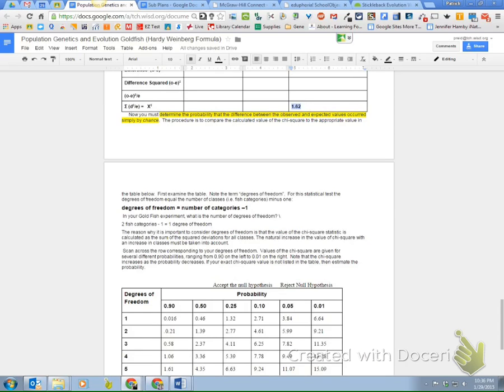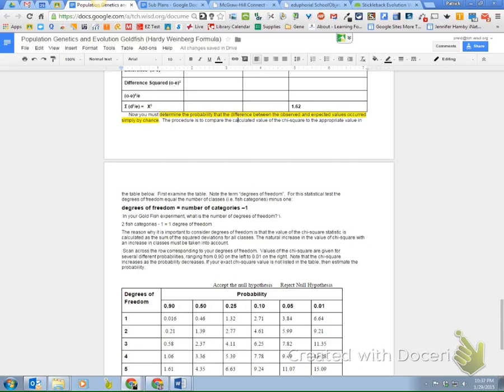Do it down here on the bottom and say, I accept my hypothesis, because the chi-squared value was less than 0.05, a 5% chance, the probability that it's due to chance. Or I reject my null hypothesis, because it was greater than a 5% probability that the differences were due to chance.